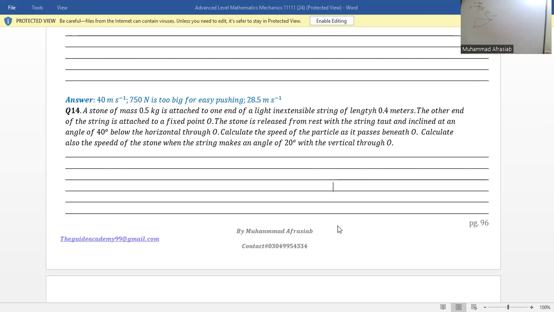The other end of that string is attached to the fixed point O. The stone is released from rest with the string taut at an inclined angle of 40 degrees below the horizontal through O. Calculate the speed of the particle as it passes beneath O, and calculate also the speed of the stone when the string is making an angle of 20 degrees with the vertical through O. So this is the question.